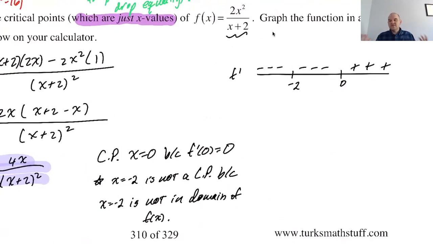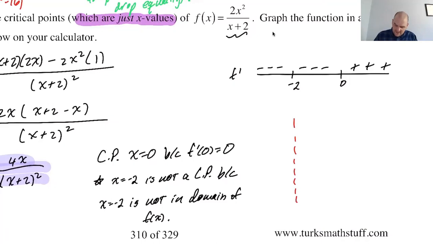So what do I think this function looks like? Well, I'm just kind of making this up because I don't really care how accurate I go at this point. I know there's a vertical asymptote there. And then the function decreases as it approaches it.